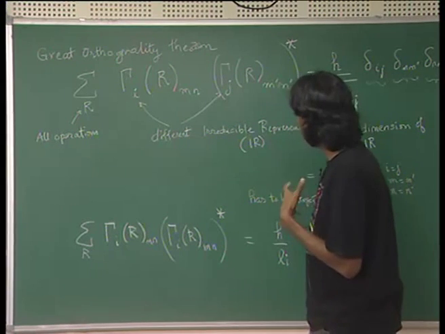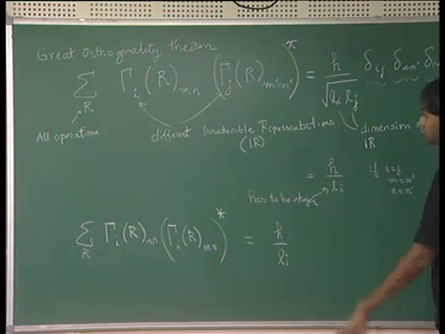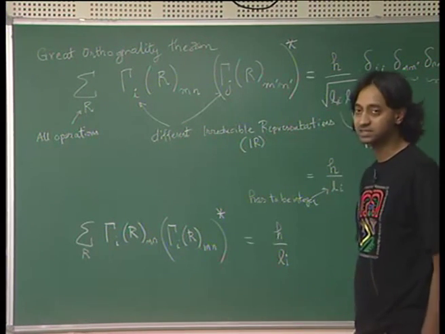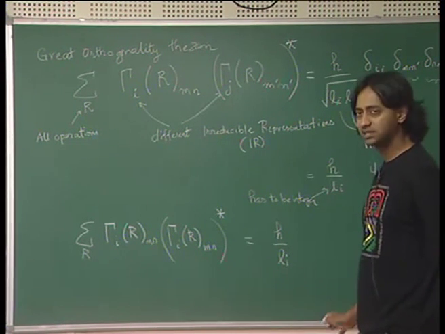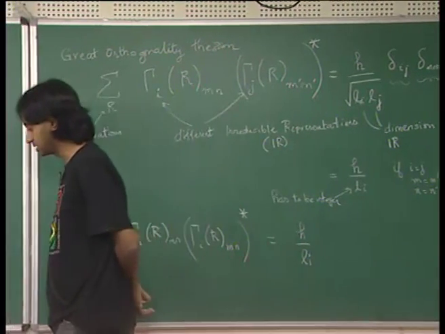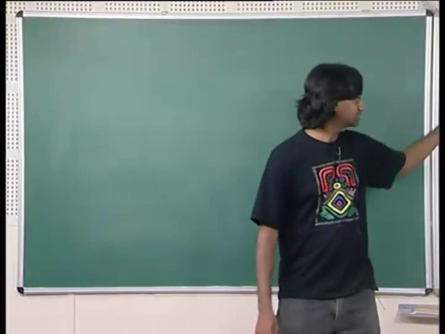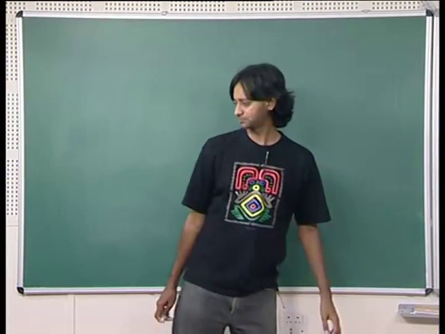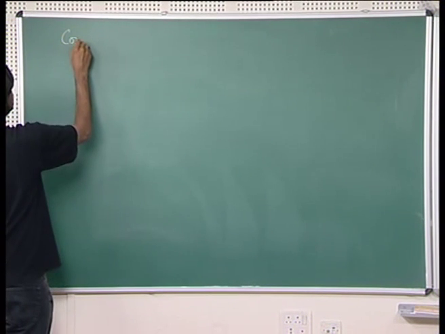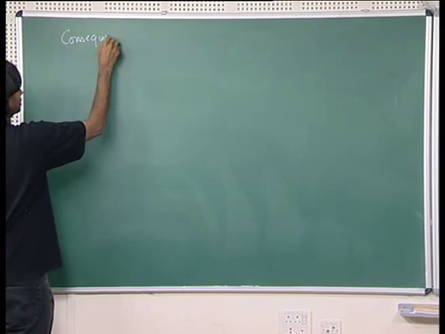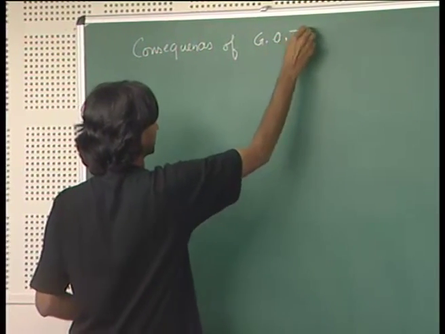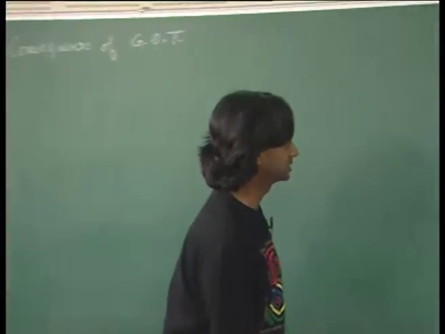So this gives you many different orthogonality relations, and what we will do is construct some very practical relations using these. These are the consequences of the great orthogonality theorem. I will use the symbol GOT for this.